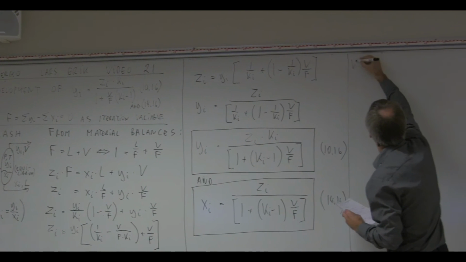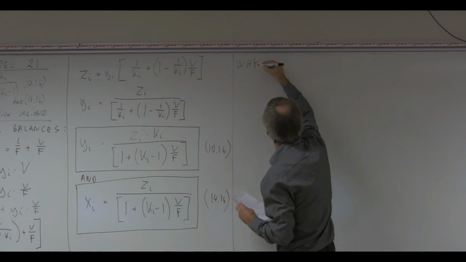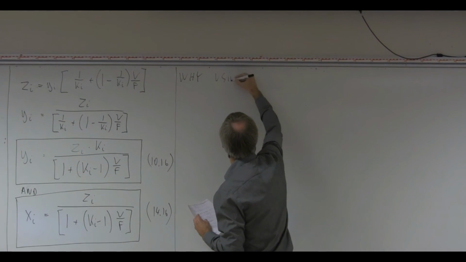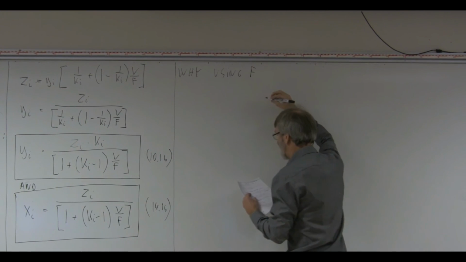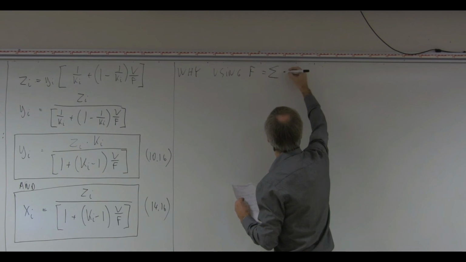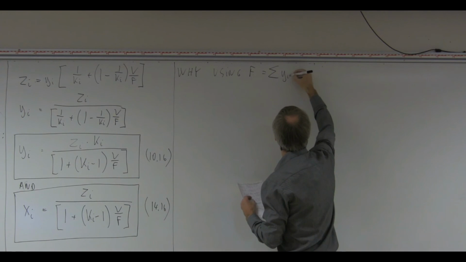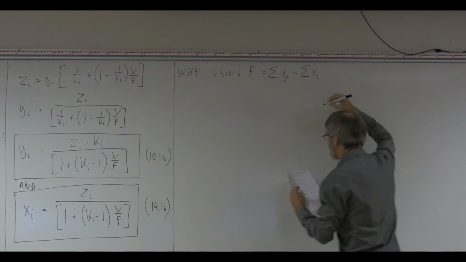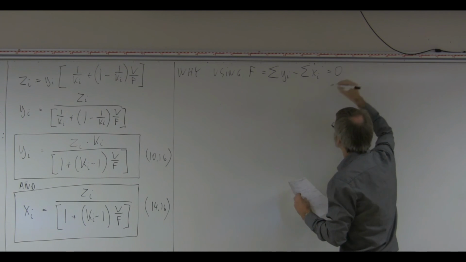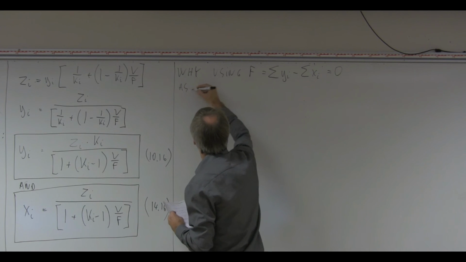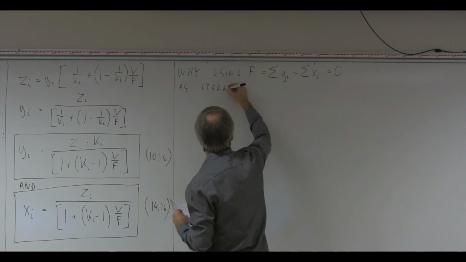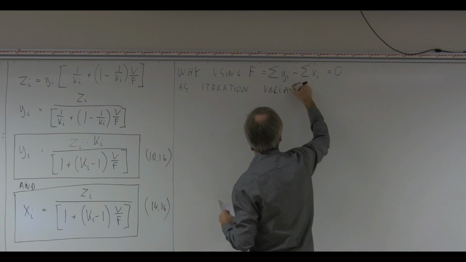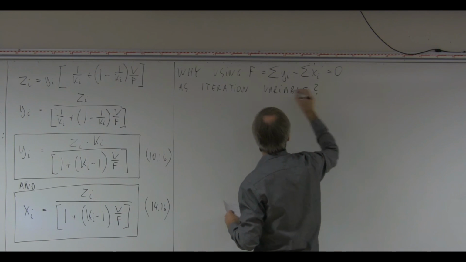I put up a question: why use a function which is the sum of y's minus the sum of x's equal to 0 as an iteration variable?